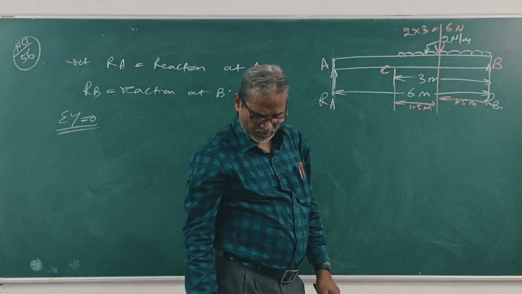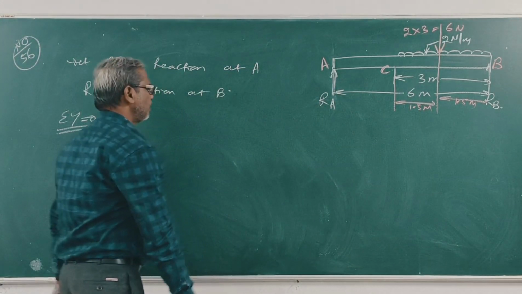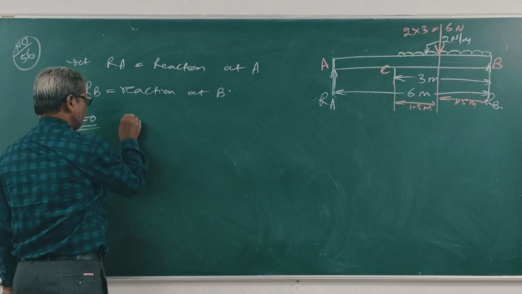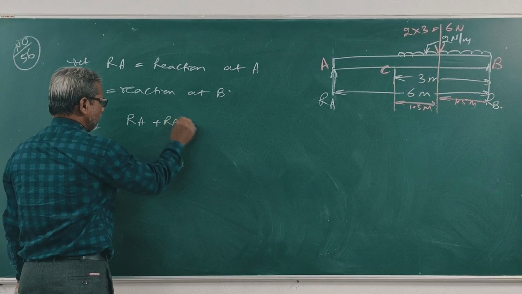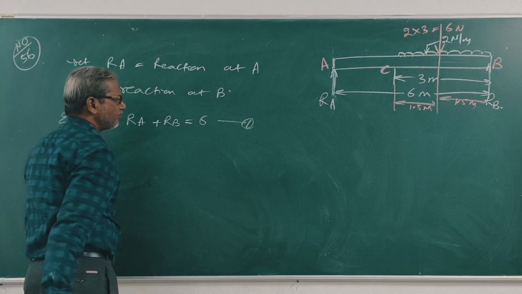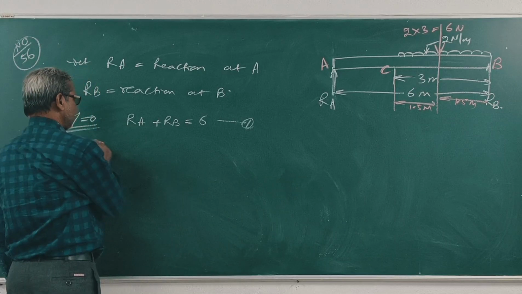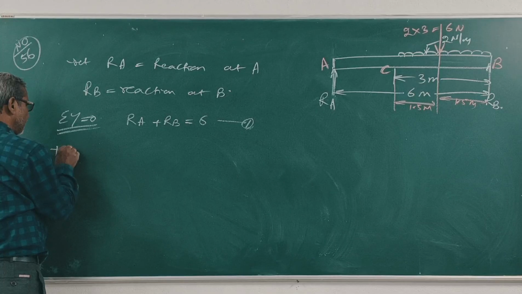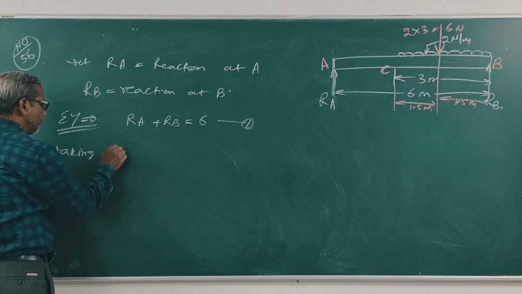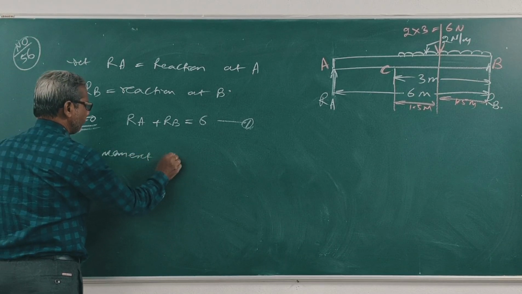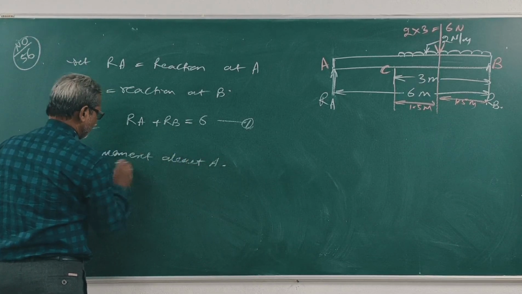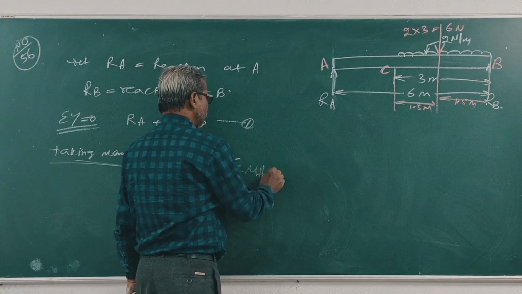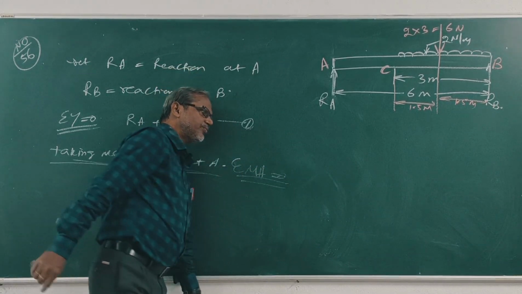Clear? Now, RA plus RB is 6. Taking moment about A, sigma M is equal to 0.